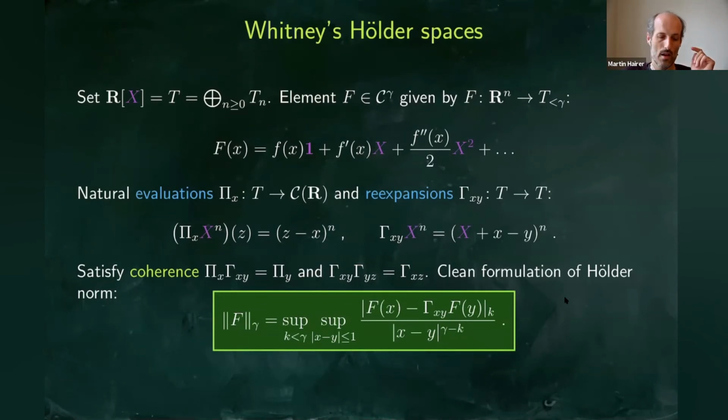But the nice thing here is that I never need to compute the derivative. Taking a derivative of a function is a slightly weird operation, right? It's a very unstable kind of operation. So here, I shift the point of view the other way around. I just give myself a candidate, these functions f, f prime and so on.